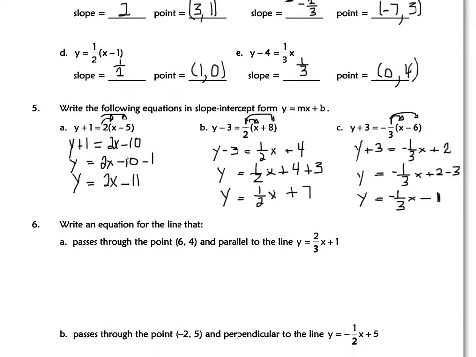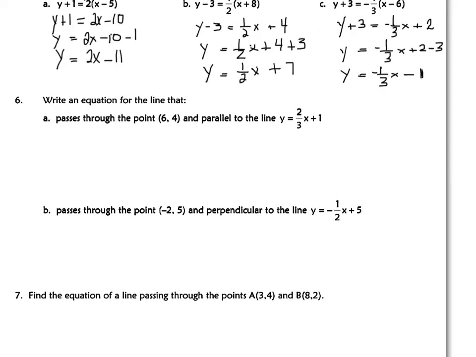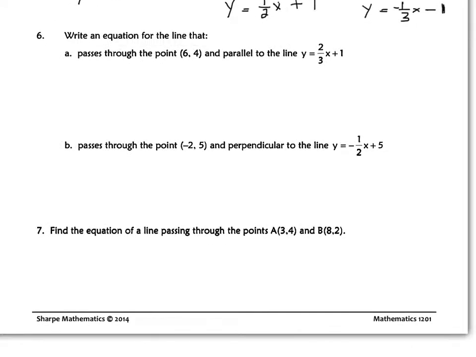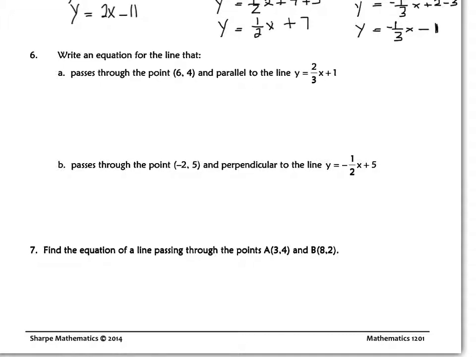Question 6. Write an equation for the line that passes through the point 6, 4 and is parallel to the line 2/3 y equals 2/3 x plus 1. So if it's parallel to that line, it means the slope has to be 2/3, because parallel lines have the same slope.